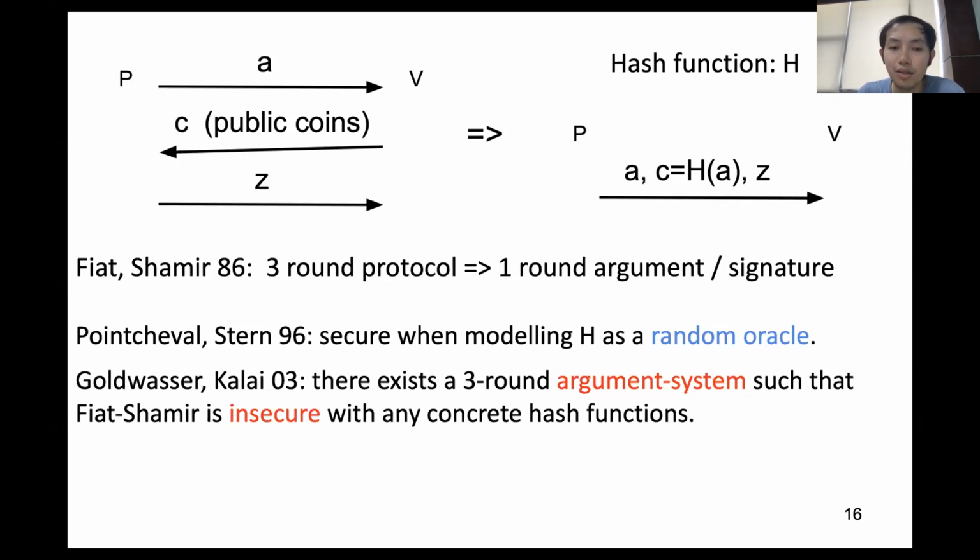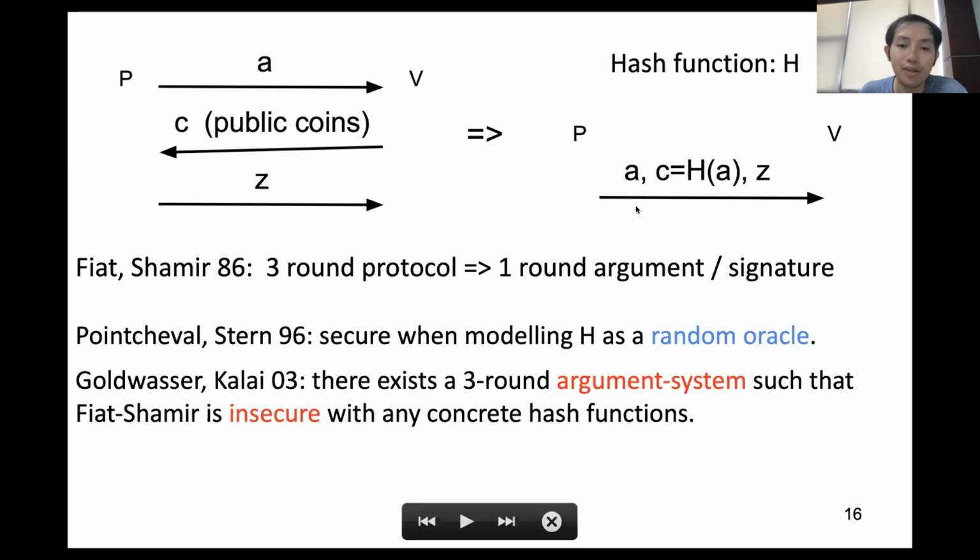So in this sense, they show that there exists an intriguing three-round argument scheme, such that no matter what your hash function looks like, the resulting Fiat-Shamir transformation is going to be insecure for any concrete hash function.